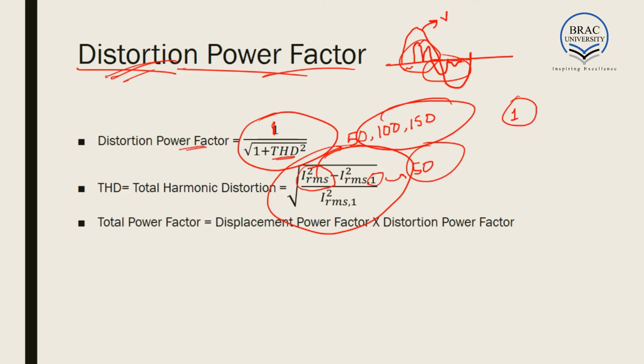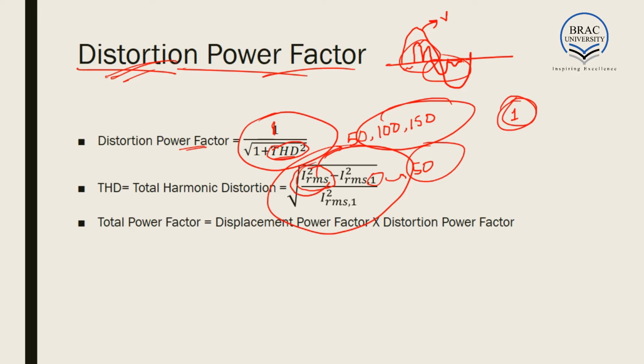Since we want power factor to be 1, we want this THD to be as low as possible. Again, if we consider the equation of THD, if there is only one single frequency available, IRMS square will be equal to IRMS1 square, because there is only one frequency and there are no harmonics. As a result, total harmonic distortion will be 0, which is our ideal case.